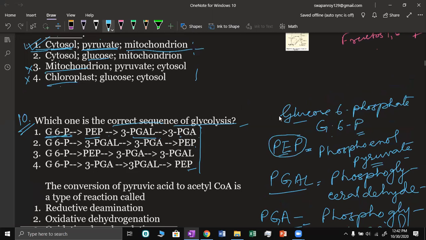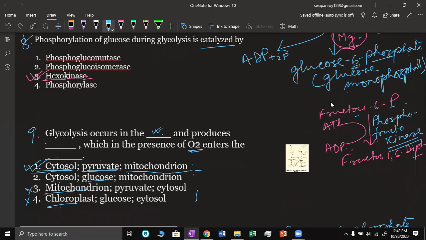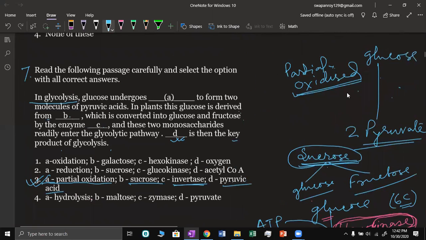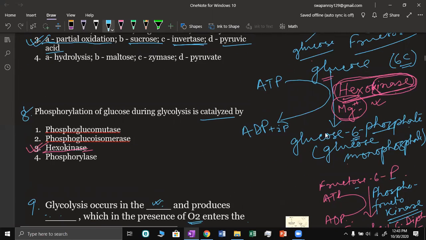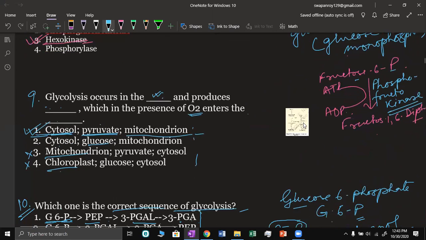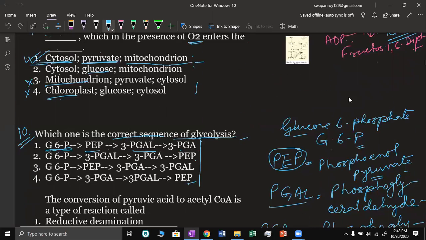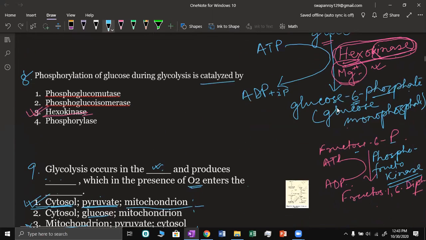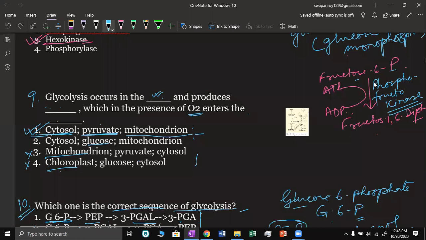So what happens? It starts with glucose converting into glucose 6 phosphate. Glucose 6 phosphate changes into fructose 6 phosphate.